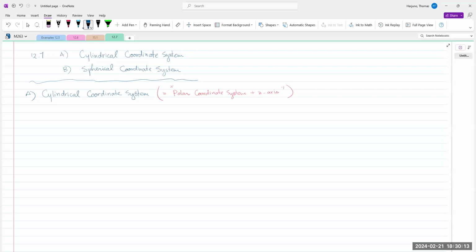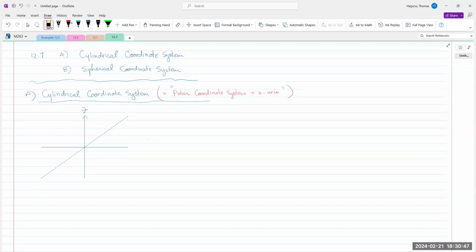I hope you can think of it that way. Basically, it is a 3-dimensional coordinate system where on the xy plane, instead of x y and z, instead of x y, we use r theta. So instead of x y, we use r theta.